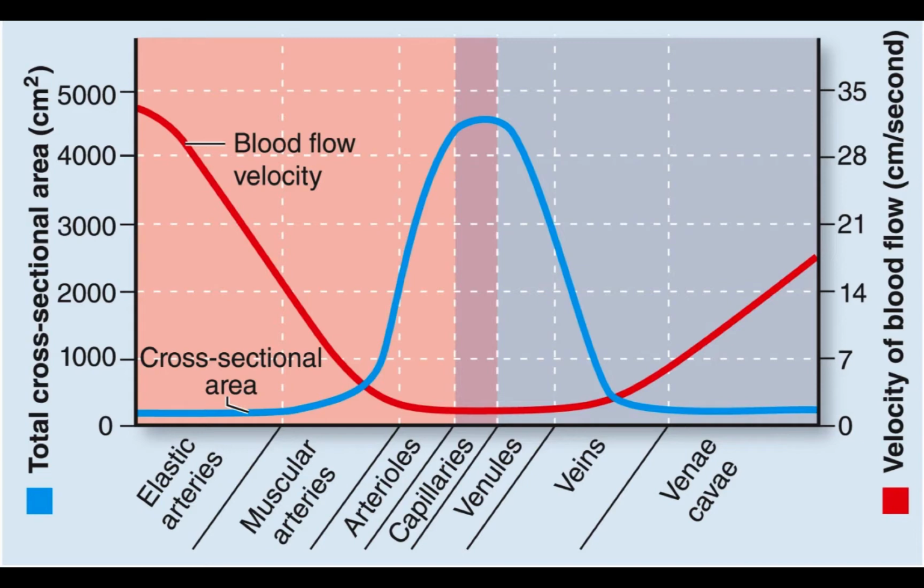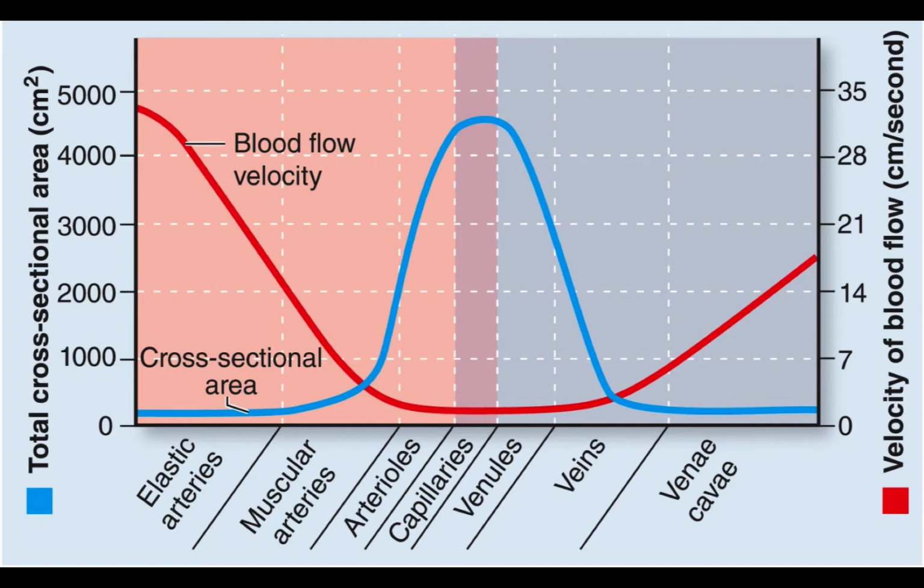Cross-sectional area is basically like if we take all of the vessels together and look at the diameters, we've got a handful of the straws. That's the cross-sectional area. It's not the area of the individual vessel.